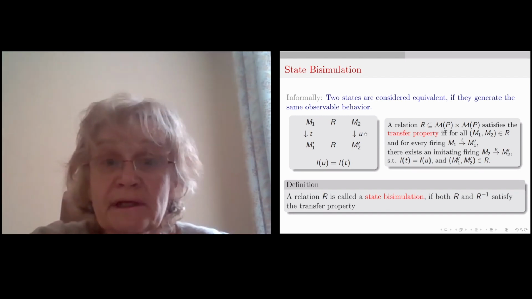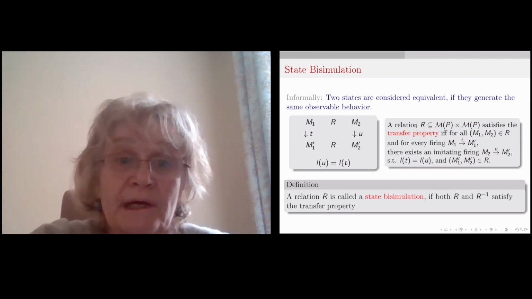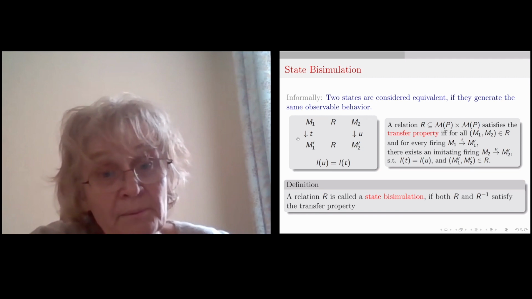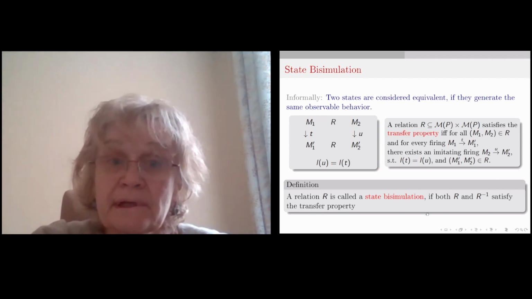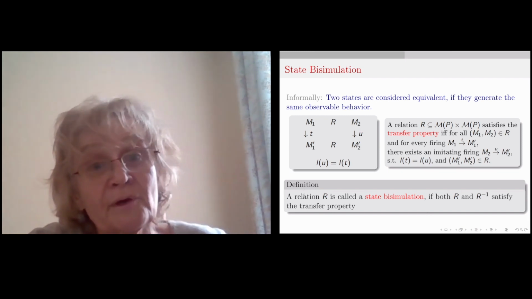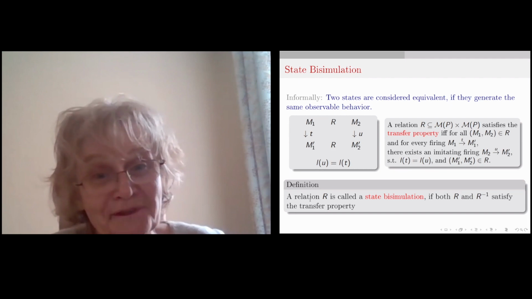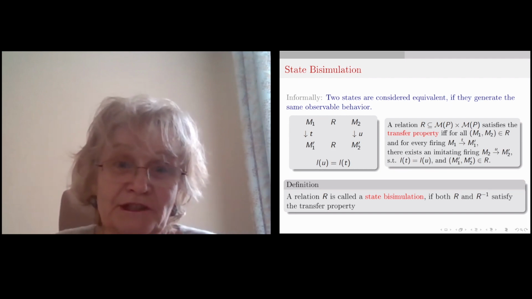That means that this relation describes how we can mimic the behavior of one process by another. And if the same relation has a transfer property in both directions, then we say that it is a state bisimulation.